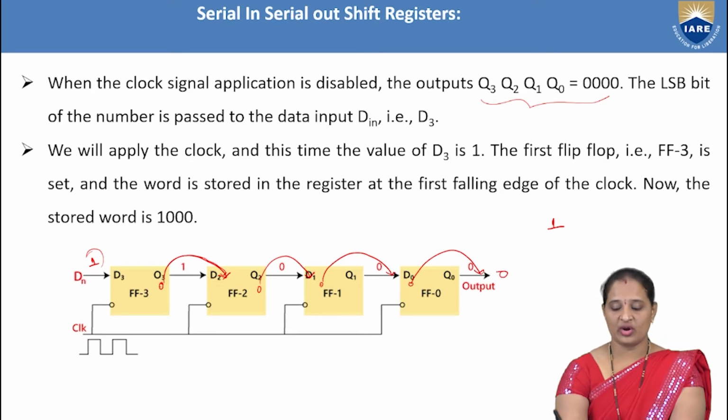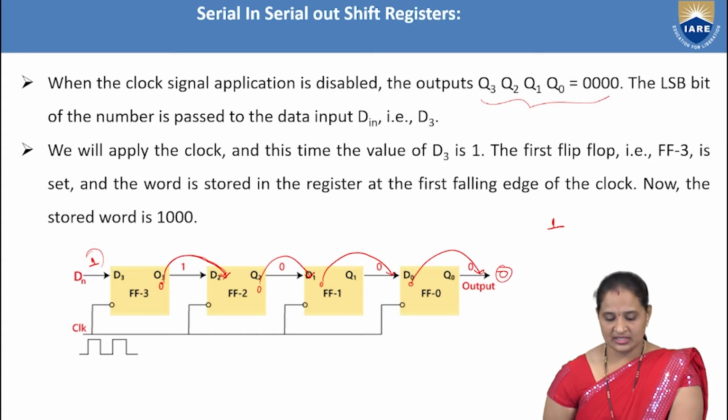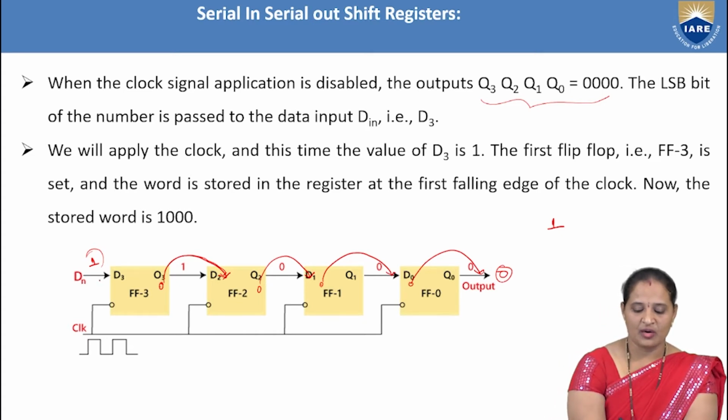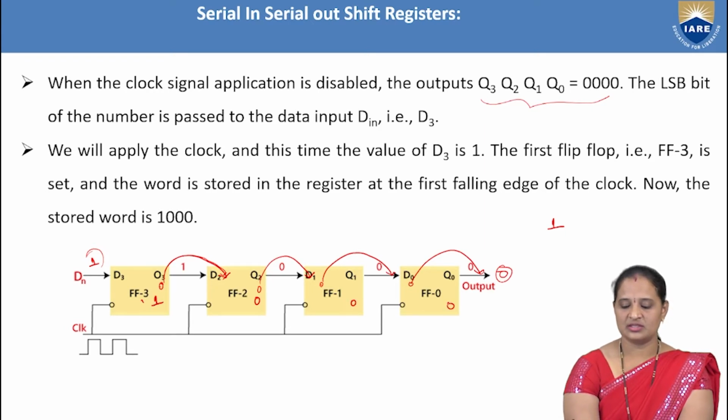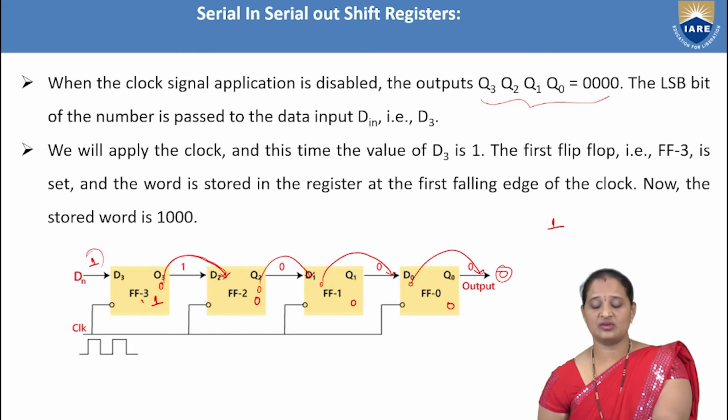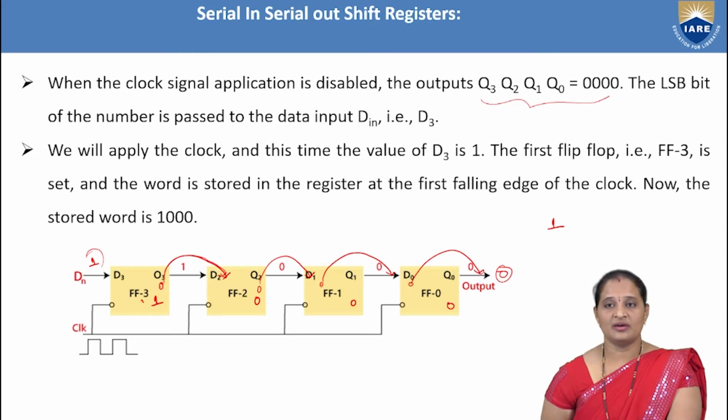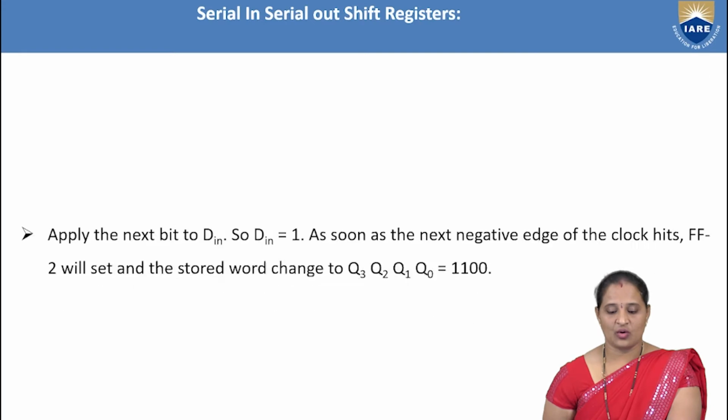So that means I have read 0 here. Now, as the D input is 1, the output of this flip-flop is 1, whereas these are 0, 0, 0. That means 1, 0, 0, 0 has been stored in the register during the first clock pulse.